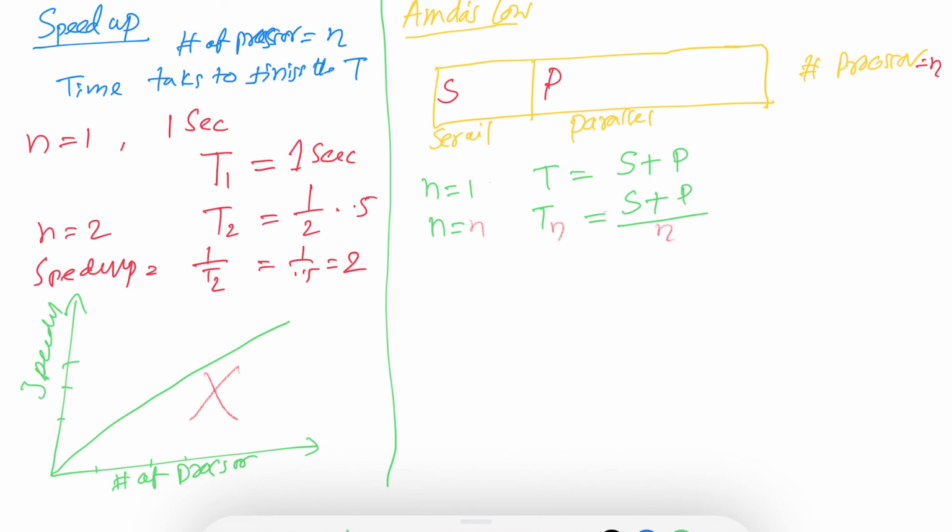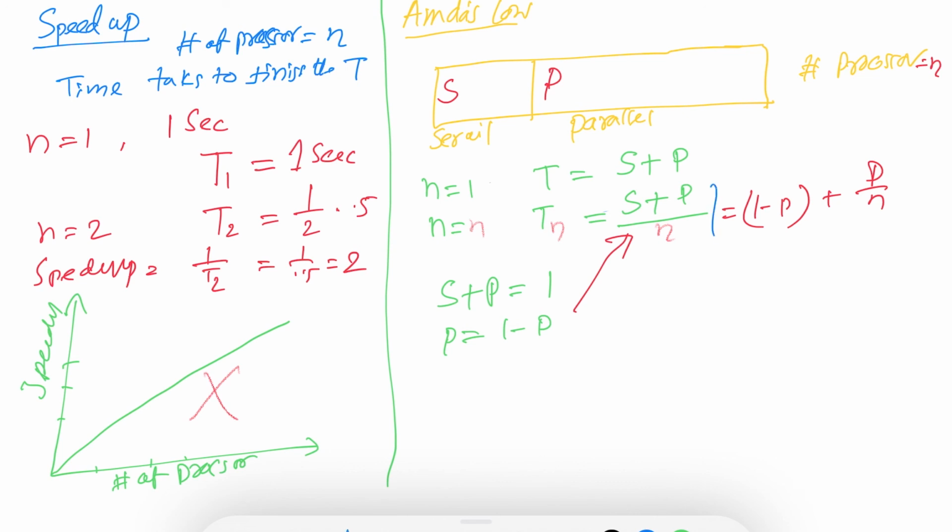Okay, so now come to the point. Let's consider that to finish the task, both serial part and parallel part together take 1 second. So if the parallel part takes p, the serial part takes 1 minus p second. Let's write the value here, and we get 1 minus p plus p divided by the number of processors.